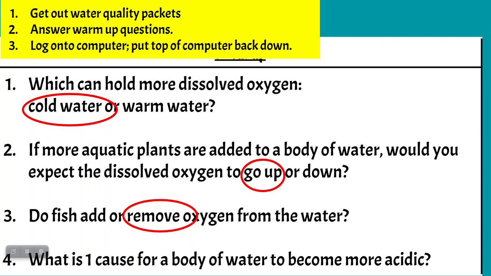So in the moments after an acid rainstorm, or if there's regularly a lot of acid rain, the pH of that body of water is going to go down. The pH number is going to go down, which means it is more acidic. Also, decomposition. So if we have dead things in the water, that can make the body of water become more acidic as well. All right.